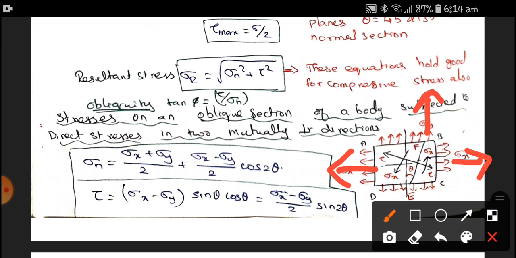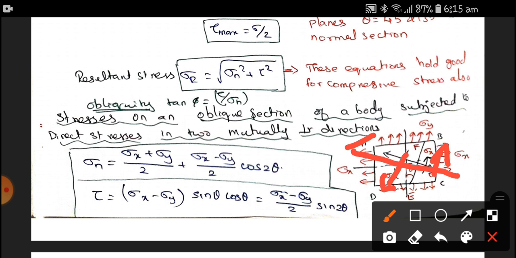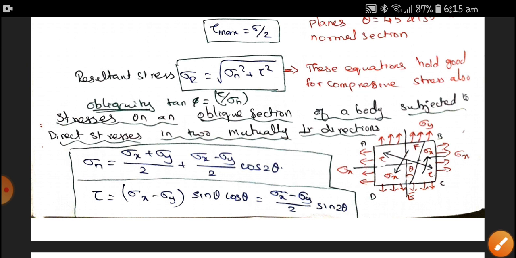Here the oblique plane EF is considered, and there is a normal stress acting in this way, and also a shear stress acting perpendicular to the normal section, tau.